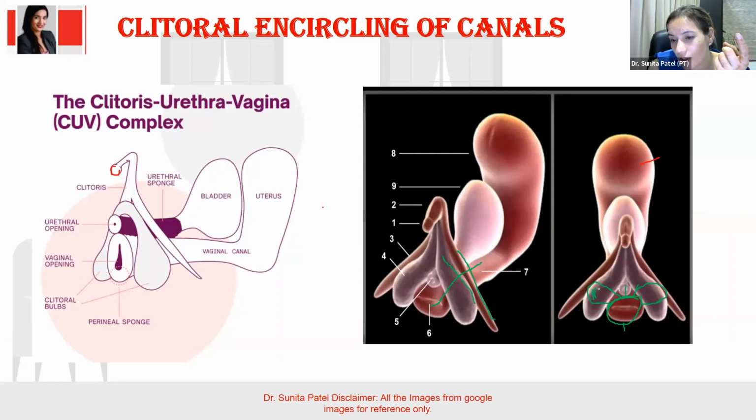If you insert your finger and palpate, do the stimulation, from inside the vagina you are touching the posterior part of the clitoris. Did you understand that?